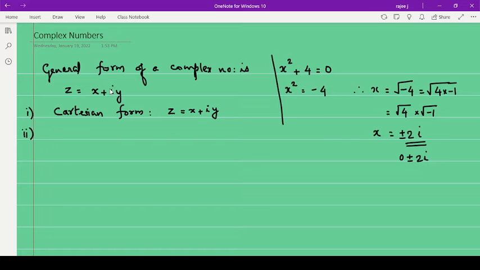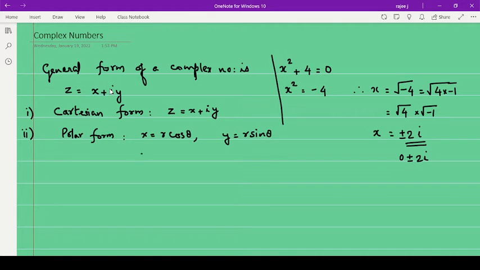Second form we call the polar form. Polar form means we write z equal to, so we get the polar form by putting x equal to r cos theta and y equal to r sin theta. Then what you get is the polar form.